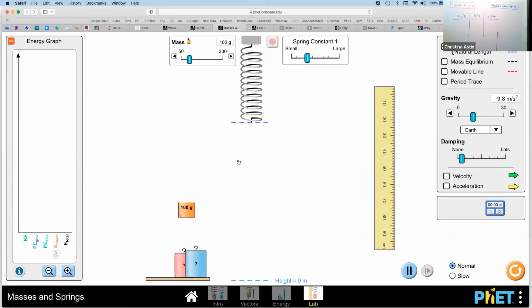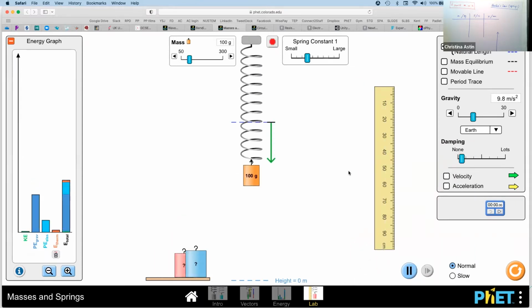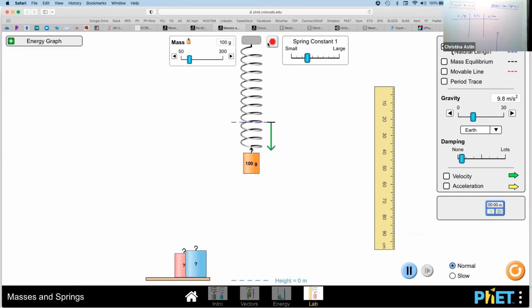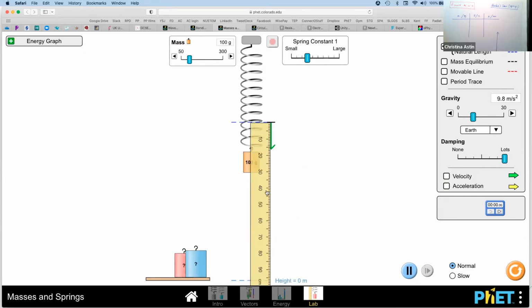Okay, so we hang 100 grams on there, and you can see it bounces up and down just like it would in real life. We don't need this energy graph, we can get rid of that. If you want to stop the bouncing, you can press the stop button here, or you can just damp the motion a lot, and that helps too. Now we can take our ruler and measure the extension, not the whole length of the spring, by moving it up to that point there.